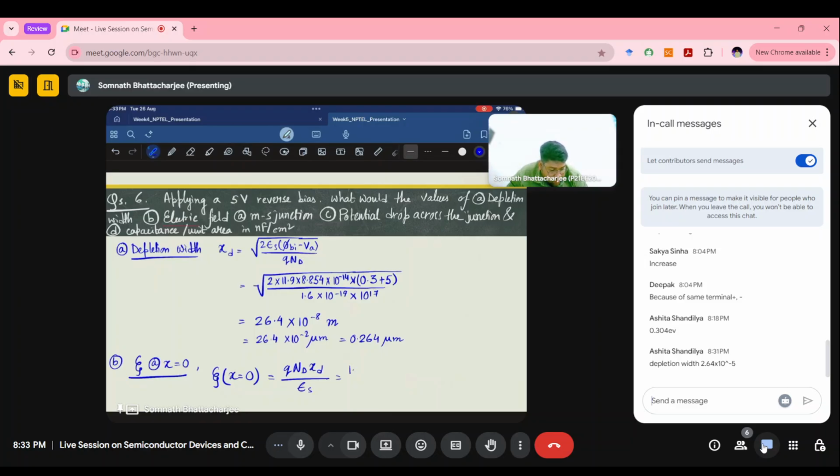So the values would be 1.6 into 10 to the power of minus 19 multiplied by 10 to the power of 17 multiplied by 0.264 into 10 to the power of minus 6, right? Divided by 11.9 multiplied by 8.854 multiplied by 10 to the power of minus 14. So this is nothing but 1.6 multiplied by 0.264 divided by 11.9 divided by 8.